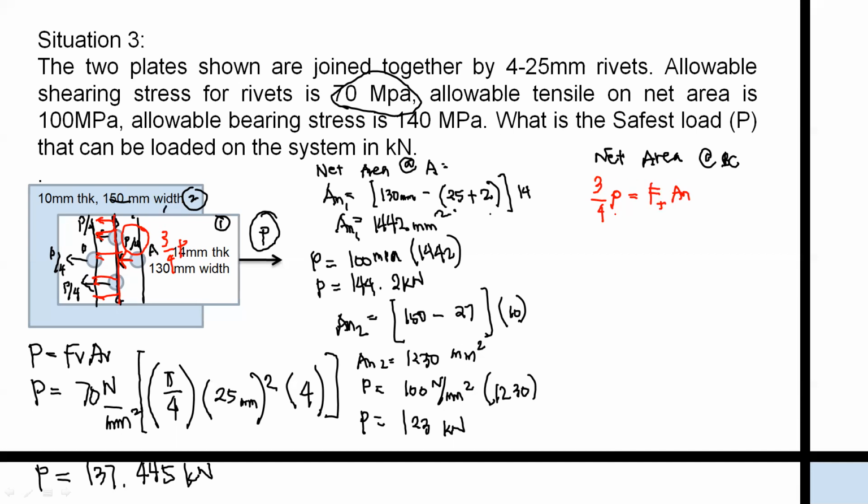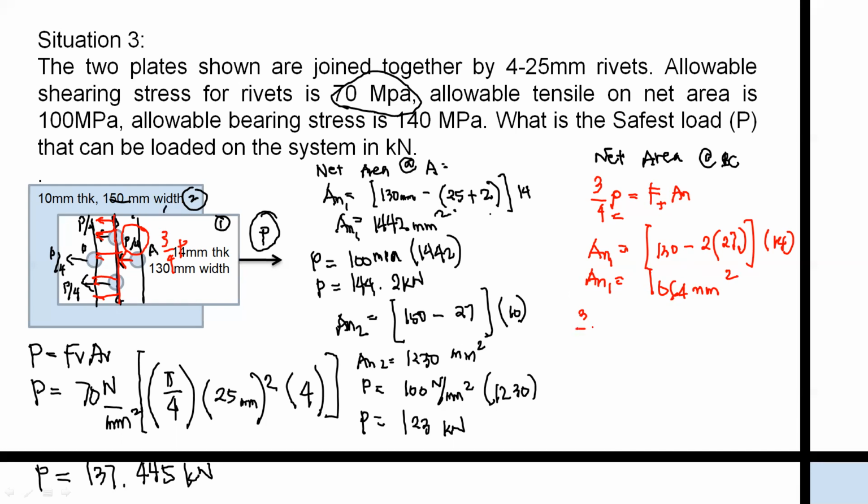Okay, so for us to determine the value of P, supposed value of P. So yung AN natin, at the first plate, we have 130. Then we have 2 bolts or rivets with a diameter of 27 and a thickness of 14. That would give us a value of a net area of 1064 square millimeter.